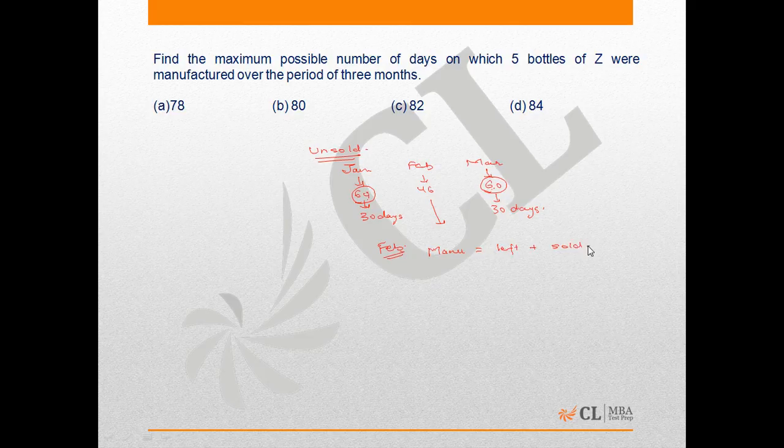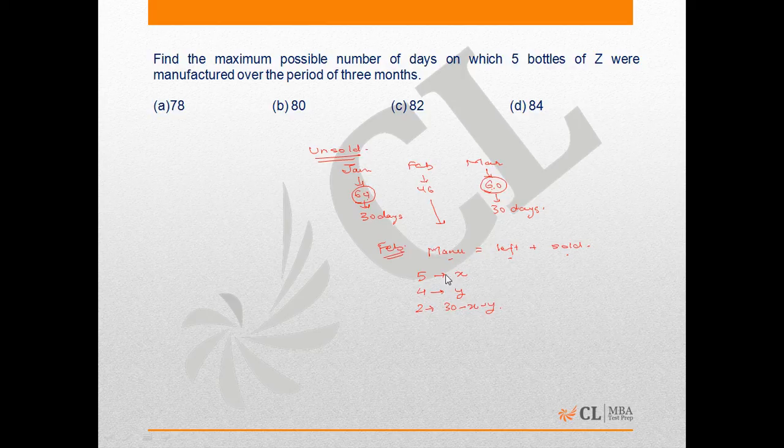The number of bottles manufactured is equal to the number of bottles left plus the number of bottles sold. Now for February, assume that 5 bottles were manufactured on X days, 4 on Y days, and 2 on 30 minus X minus Y days.